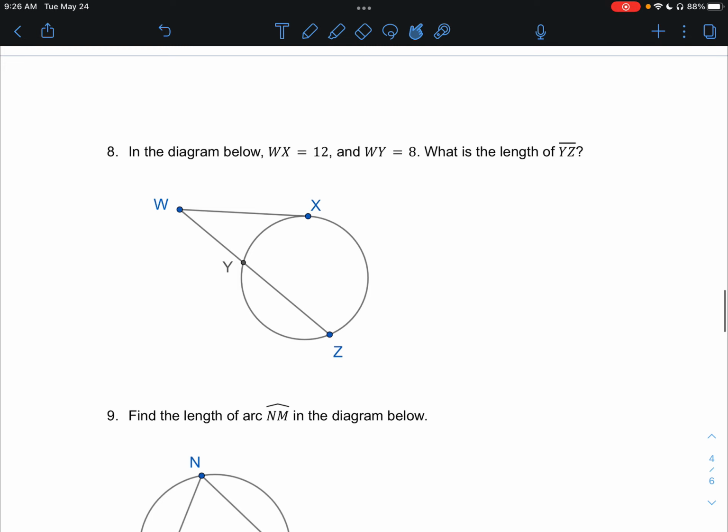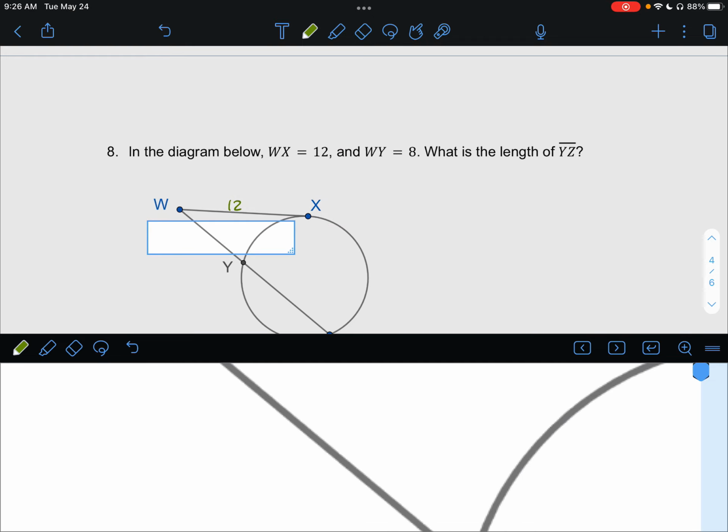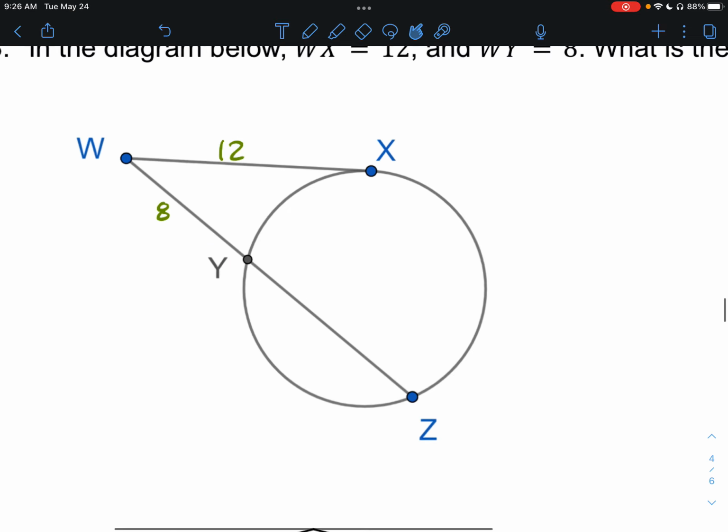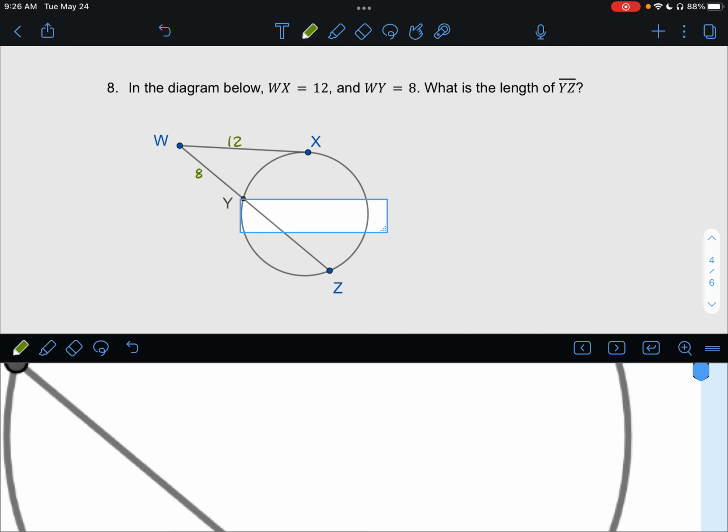All right, number 8. In the diagram below, WX equals 12, so this is 12, and WY equals 8. What is the length of YZ? Okay, so we have an intersecting tangent, WX, with a secant, WZ. We want to figure out the length of YZ.